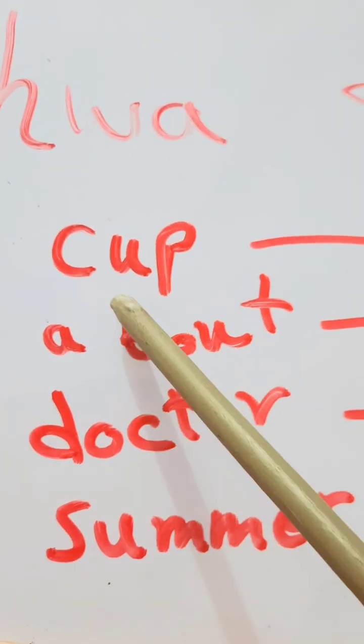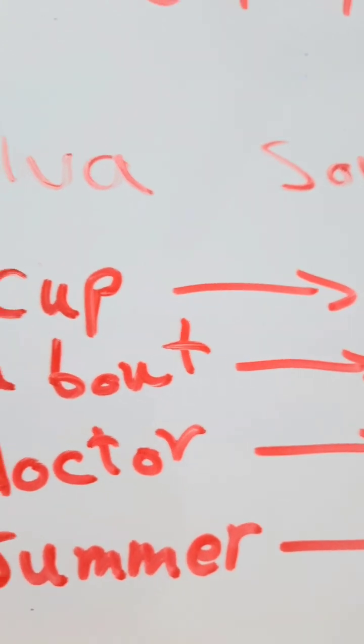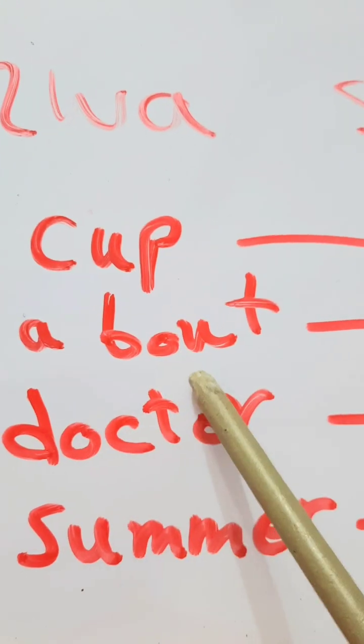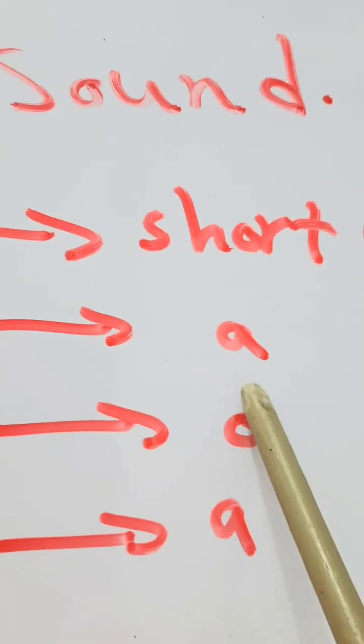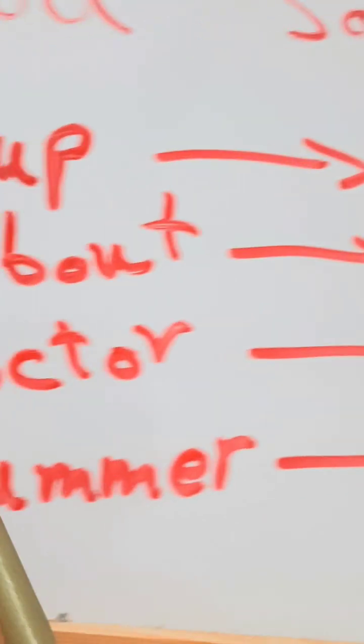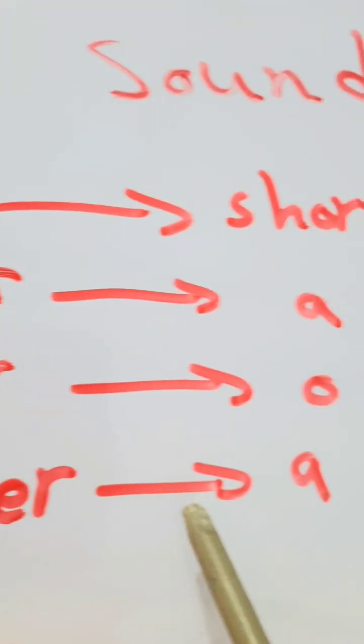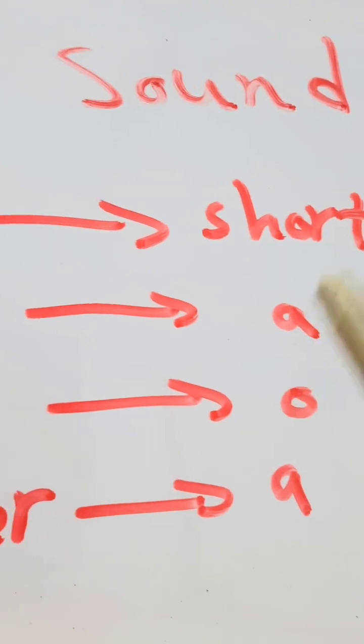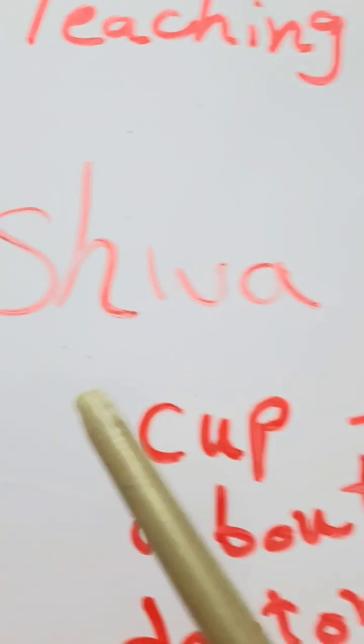For example, cup, we have short U. About, this is a. Doctor, this is O. Summer, this is a. They are all schwa sounds.